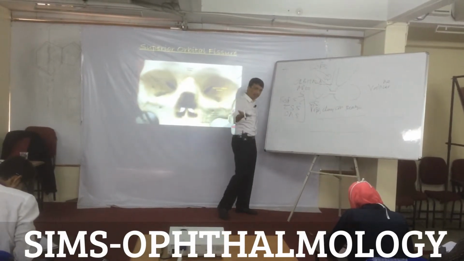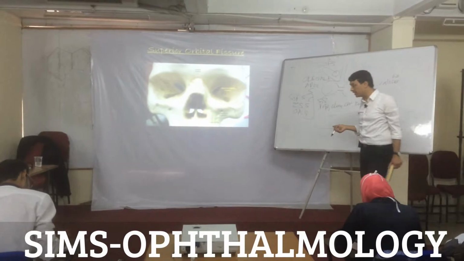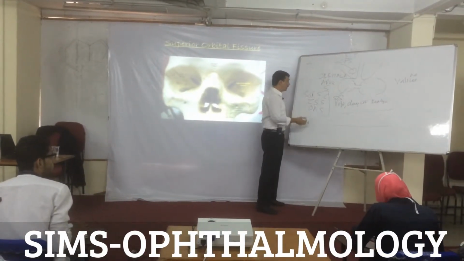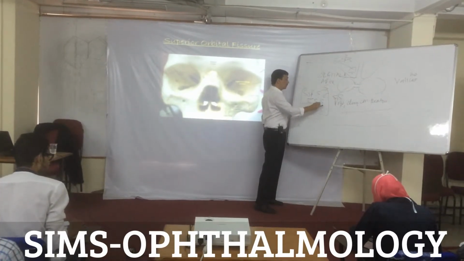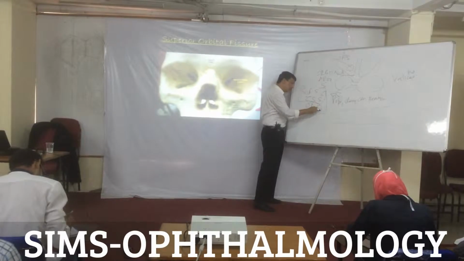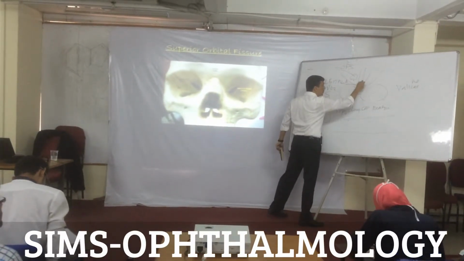This is a very important question. The answer is that you cannot distinguish between superior orbital fissure and cavernous sinus syndrome because they are almost similar. But orbital apex syndrome has one extra feature. What is that? If you remember, I said the optic nerve passes through the orbital apex.